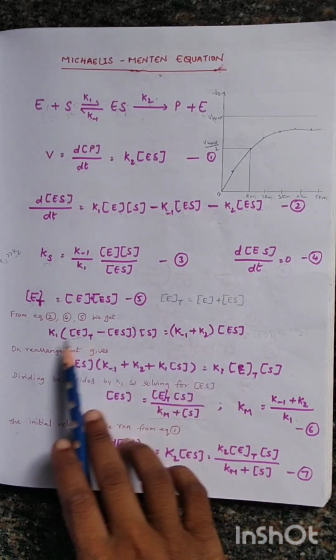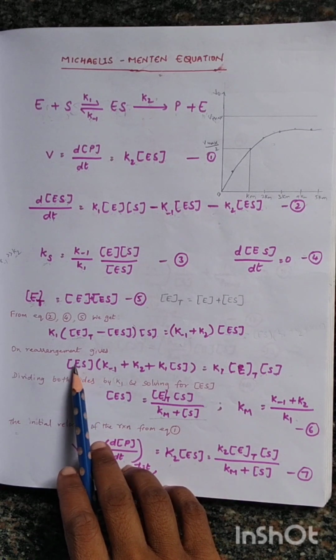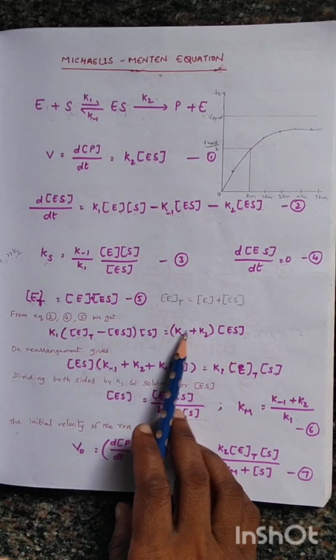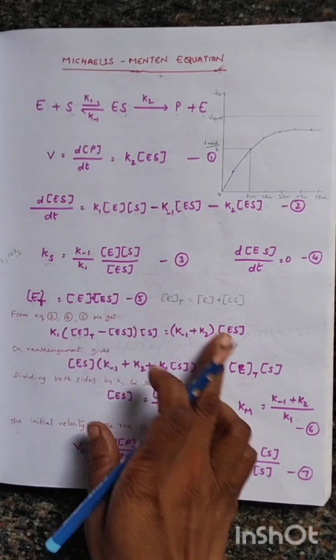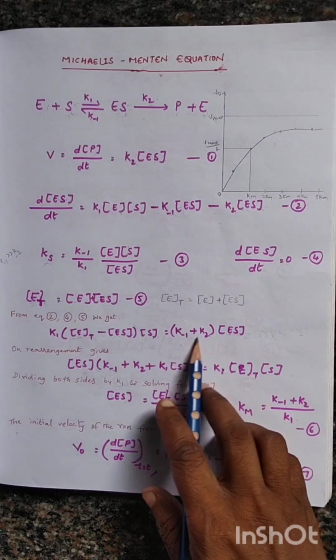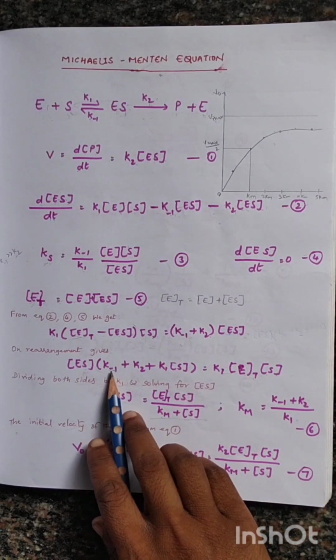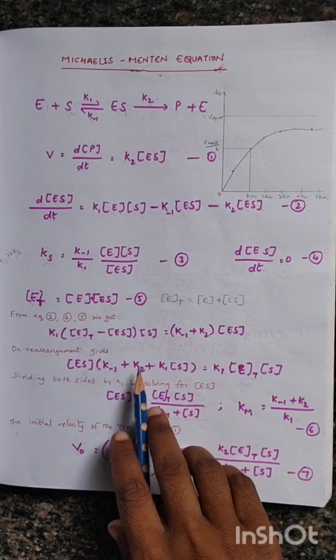On rearranging these, we can get concentration of enzyme into K minus 1. We'll take this expression towards this side and this towards this side: concentration of ES into K minus 1 plus K2 plus K1 into substrate.